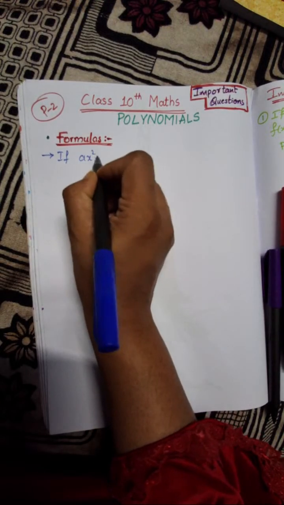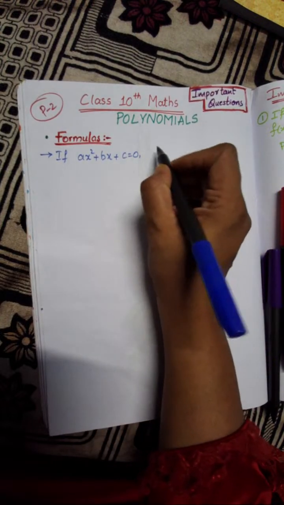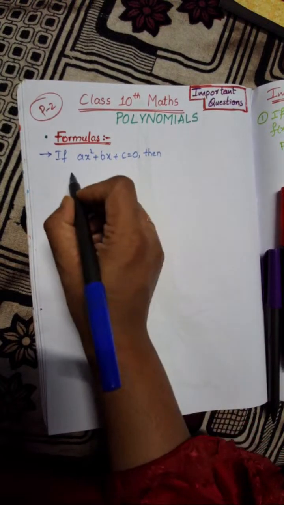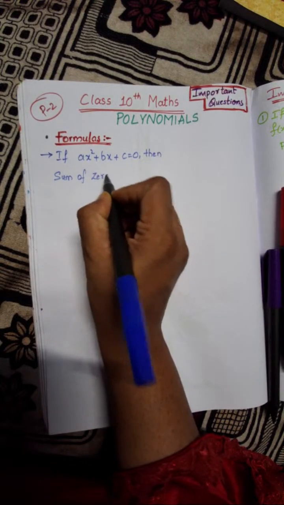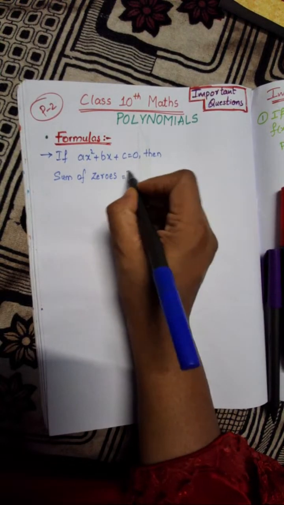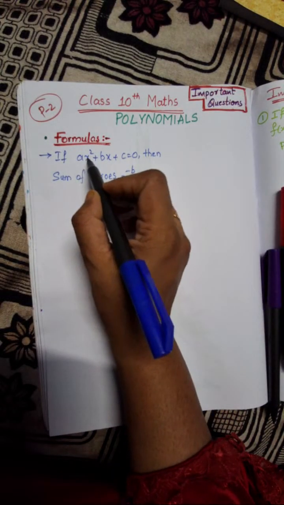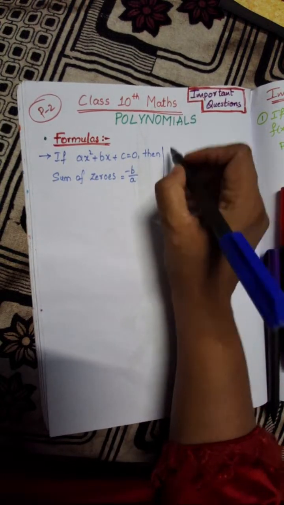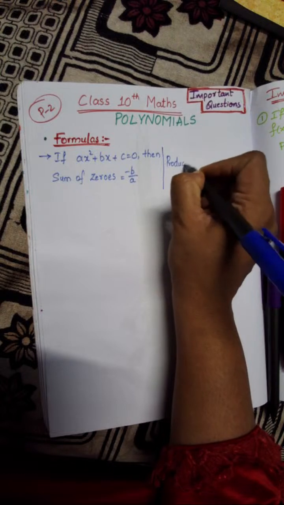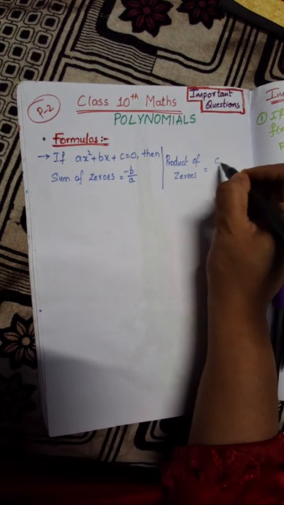If x square plus bx plus c equal to 0 is a quadratic equation, then the sum of zeros, which I have already explained in last videos, and I am writing again here to remind you, is equal to minus b by a. Here a is the coefficient of x square, b is the coefficient of x, and c is the constant. Next, the product of zeros is equal to c by a, children.